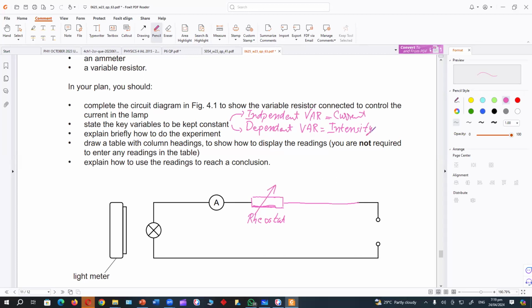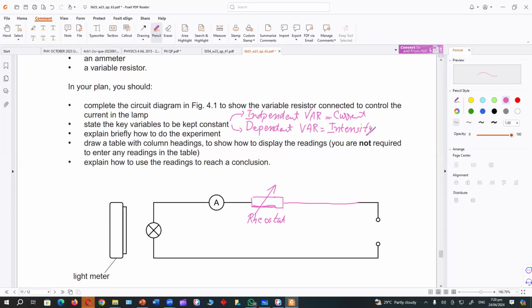So now can you plan an experiment, how should I perform this experiment? In my opinion, we should start from maximum resistance.